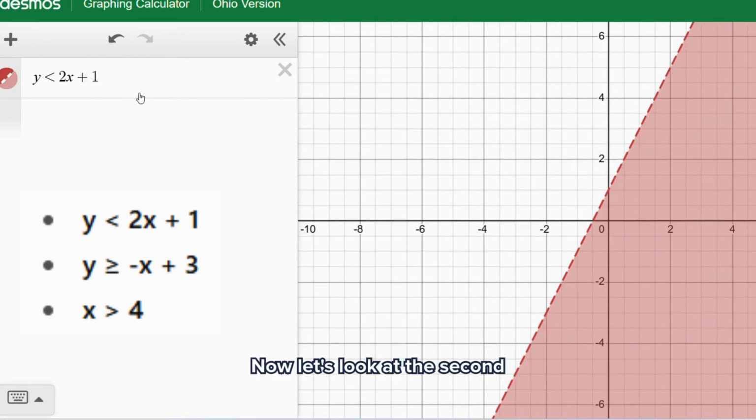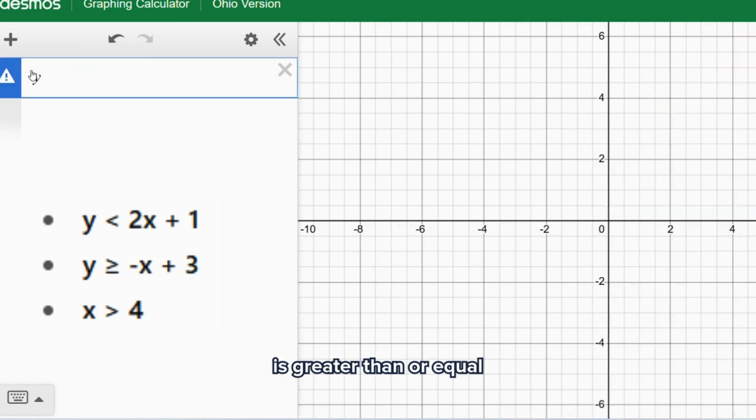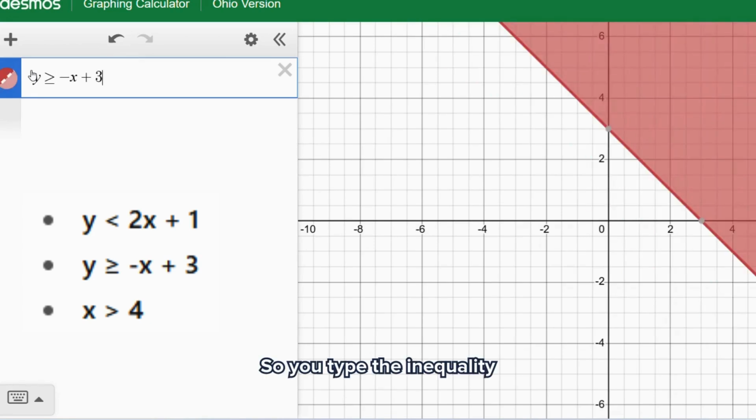Okay, now let's look at the second example here. We have y is greater than or equal to negative x plus 3. Okay, so you type the inequality just as you see it.